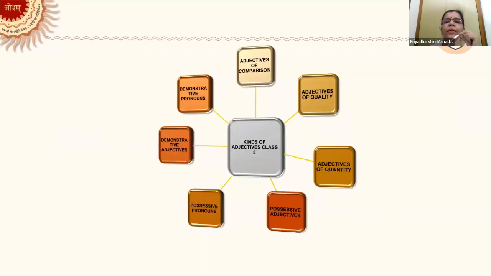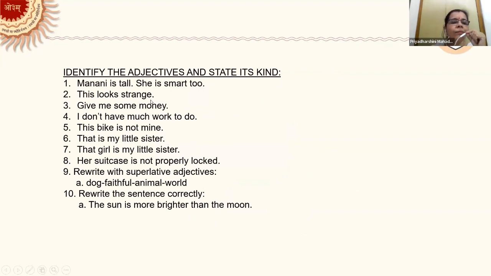So based on this, I have a small activity here, just a recap of what we did yesterday. Now I request the teachers to identify the adjectives and state their kind. Manani is tall, she is smart too. In the first sentence, what are the adjectives? Tall, smart.